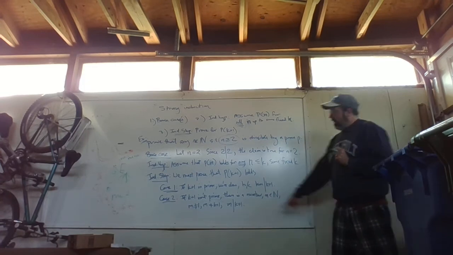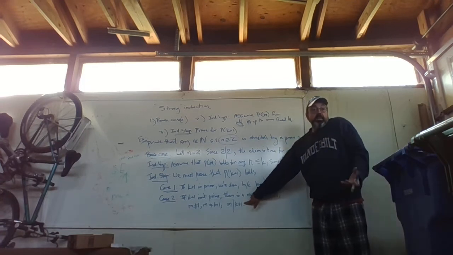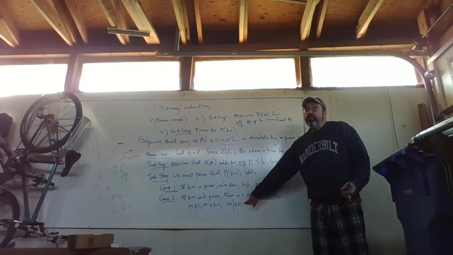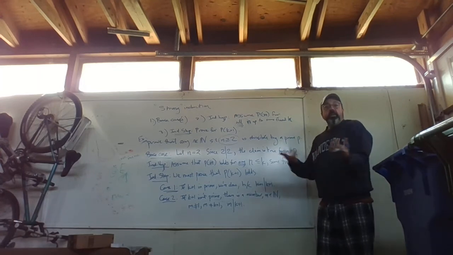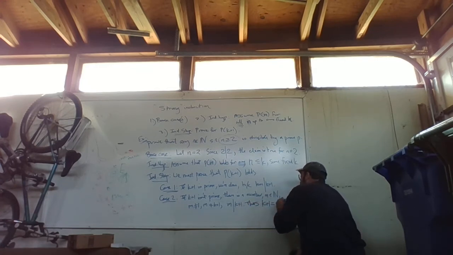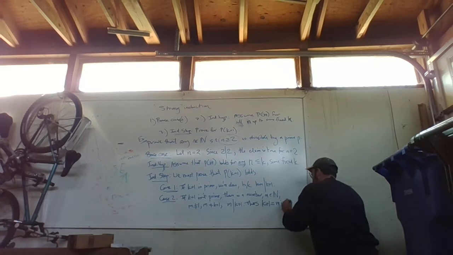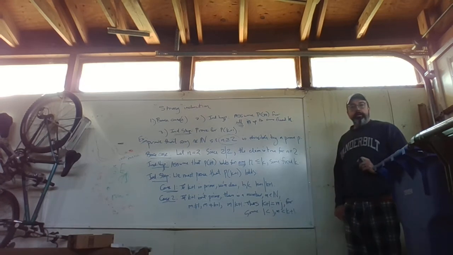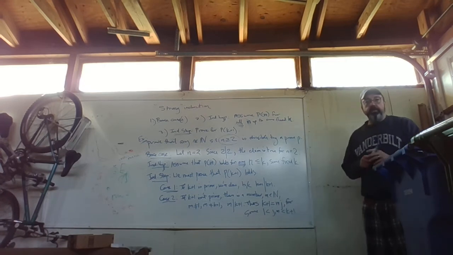And moreover, since it divides k plus 1, what does it mean to divide? It means there's some other number, let's call it j. Thus, k plus 1 has to equal m times j for some j and m strictly between 1 and k plus 1. I hope you can see that down at the bottom of the screen there.